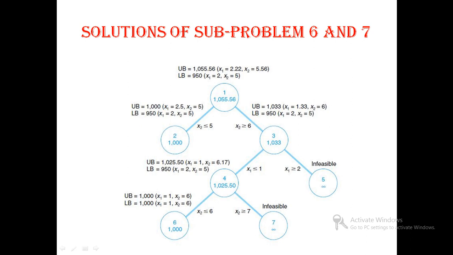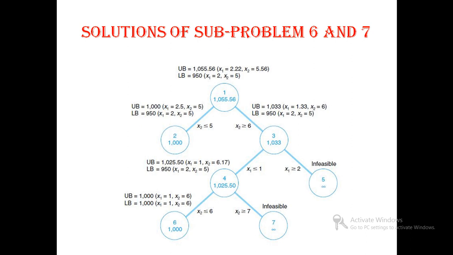Now you have two nodes left, node 2 and node 6. You have to take branches from either of the two nodes. For this purpose, again you will compare the objective value. The objective value here is 1000 and here it is 1000 again.